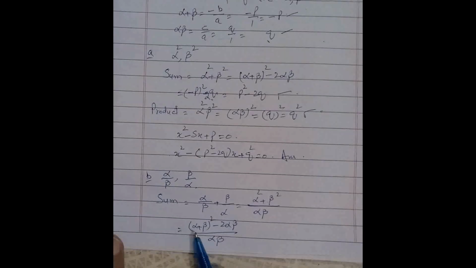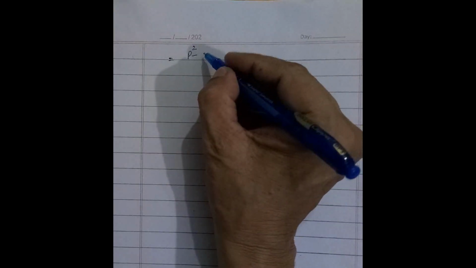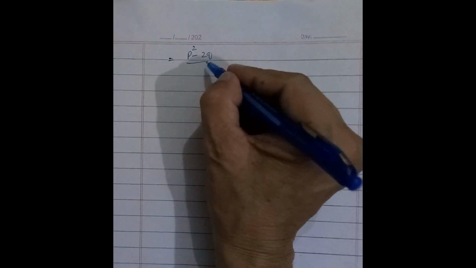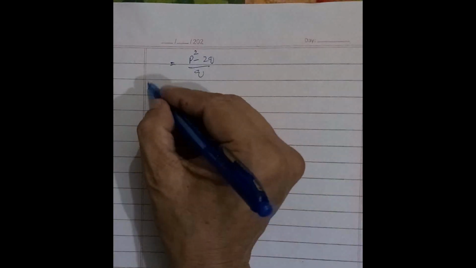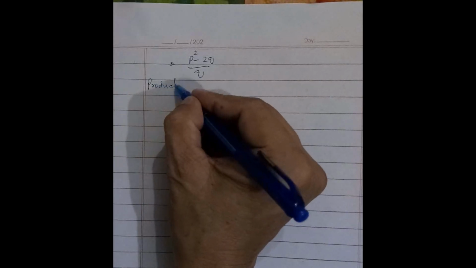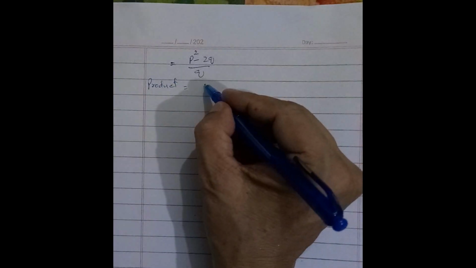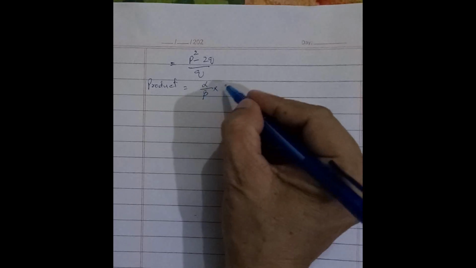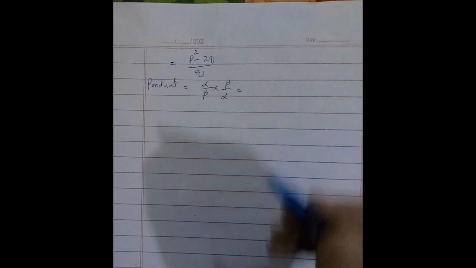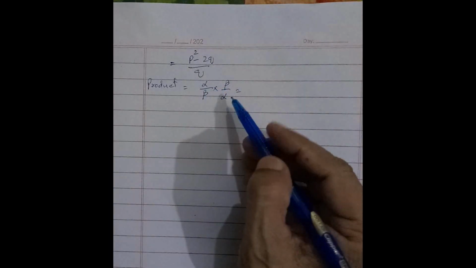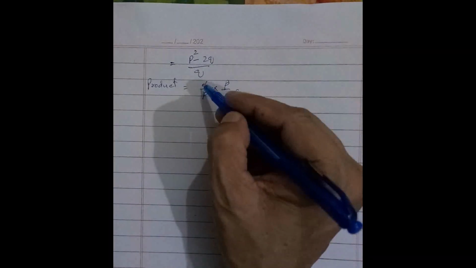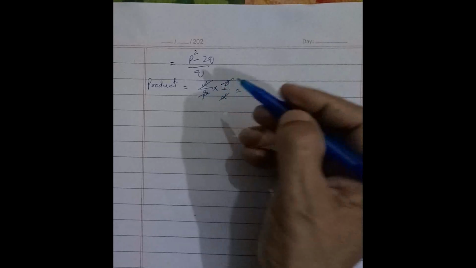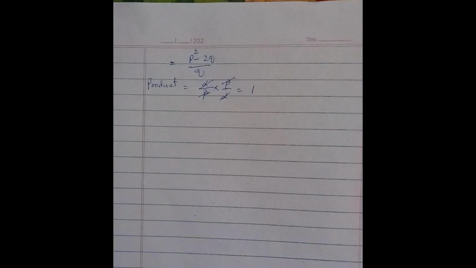Now we put the values: p square minus 2q over q, and it is the sum of the required equation, and the product is alpha over beta multiplied by beta over alpha, which is equal to, all the values cancel, alpha cancels with alpha, beta cancels with beta, and the answer is 1.